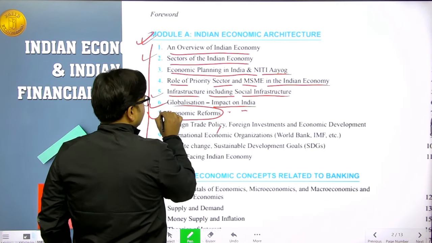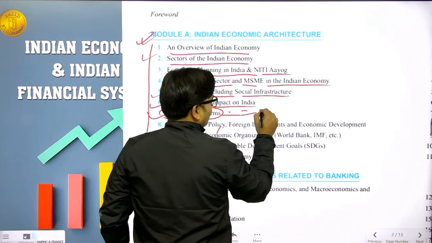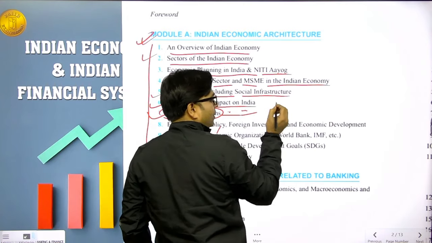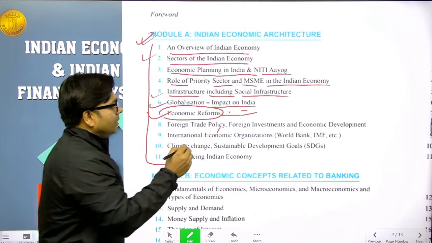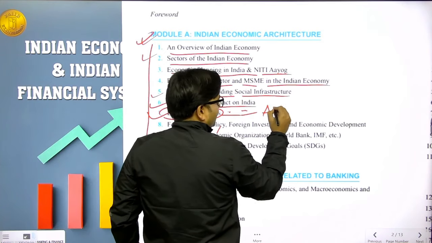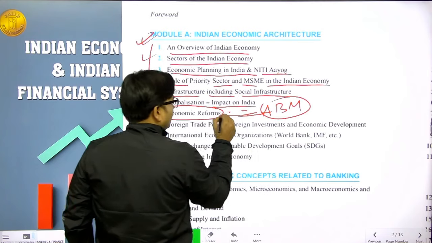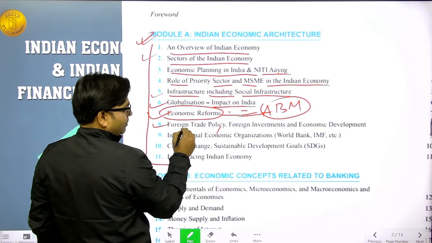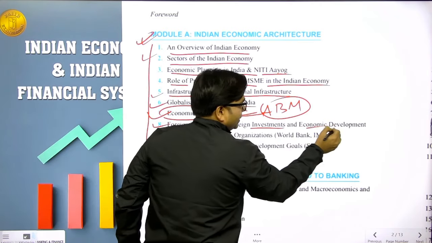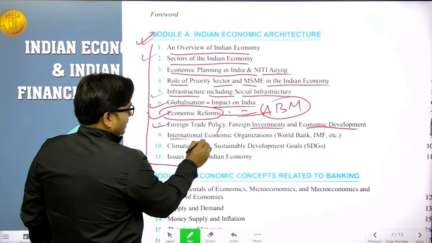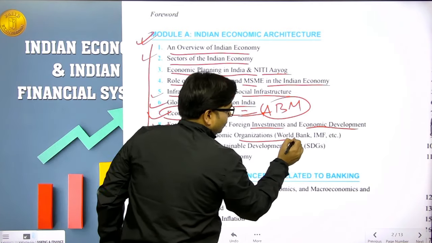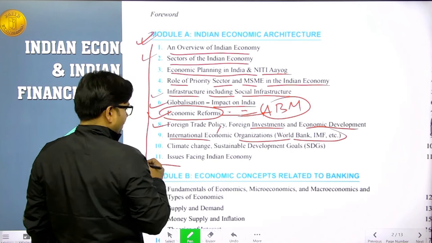Economic reforms, if you remember, is one of the chapters of Module A of Advanced Bank Management. Then foreign trade policy, foreign investment and economic development, international economic organizations, World Bank, IMF, etc.